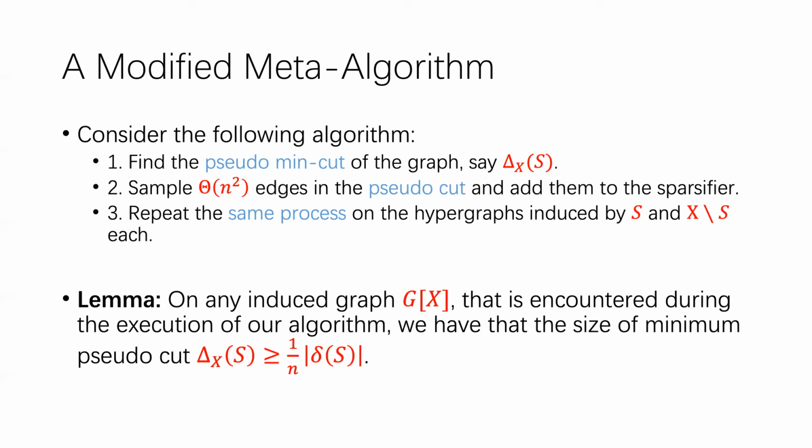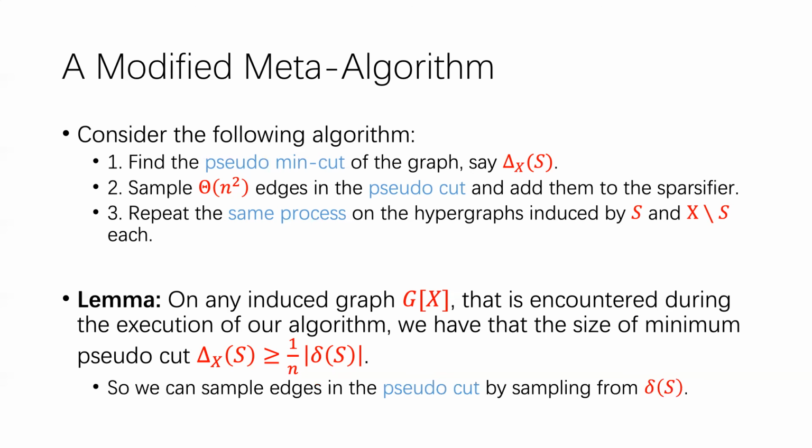We only consider the ones we encountered in the algorithm. So in these induced subgraphs, the size of the minimum pseudo cut, say delta XS, is at least a 1 over n fraction of the cut size of S and V minus S.